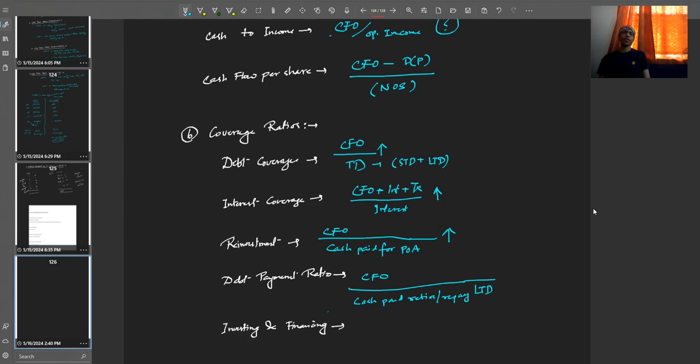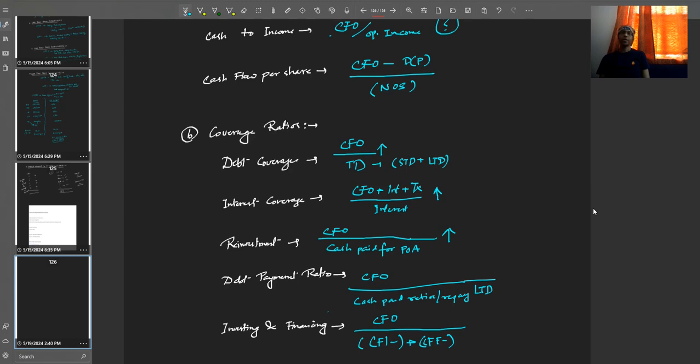Investing and financing ratio. This is the ratio between cash flow from operations and cash outflows from financing activities and investing activities. So CFO divided by CFI minus and CFF minus.